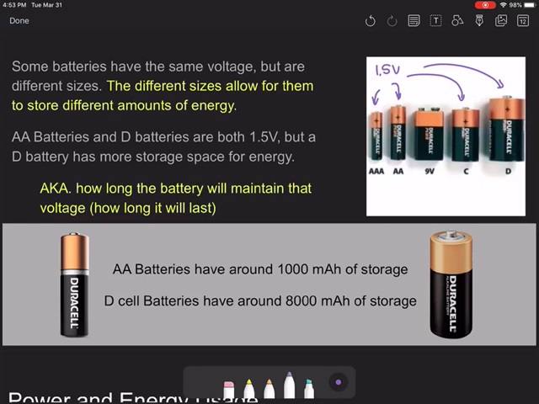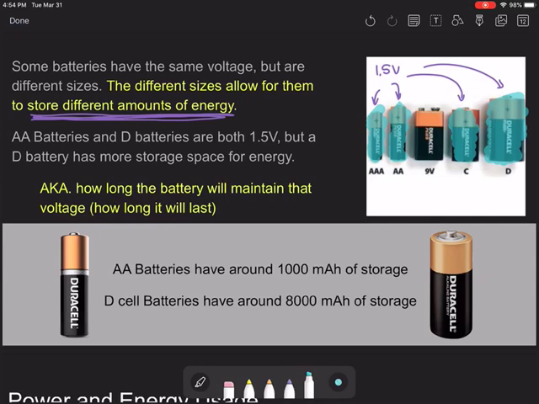The different size of the battery actually allows them to store different amounts of energy. We can see that our AAA battery is the smallest. Then we have this AA, which is a little bit bigger. Our C, which is quite a bit bigger actually. And then our D, which is just this huge Mongo battery here.